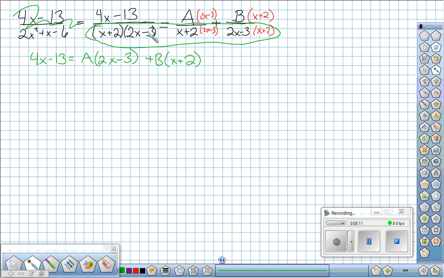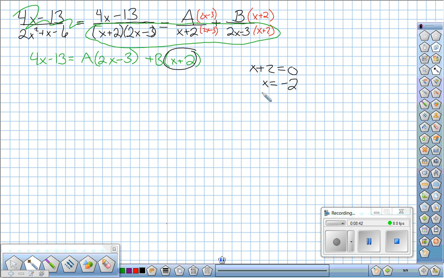Okay, so now I'm going to try to solve this, but it's really weird because I have x's and a's and b's, and what we actually want is to pick one of these factors. It's easier to do, I think, ones with whole numbers. What would make this factor equal to 0? So x plus 2 equals 0, and I get x equals negative 2. So I'm going to plug in negative 2 for all of my x's.